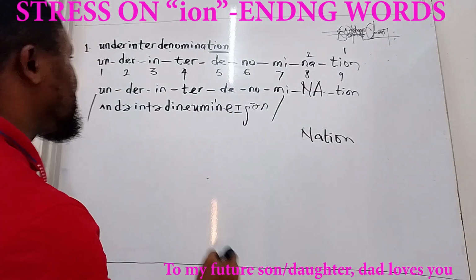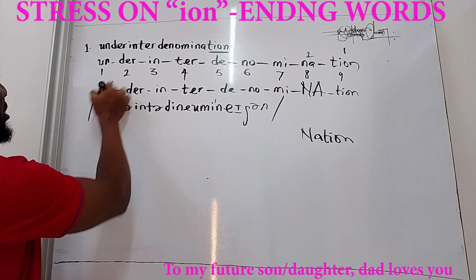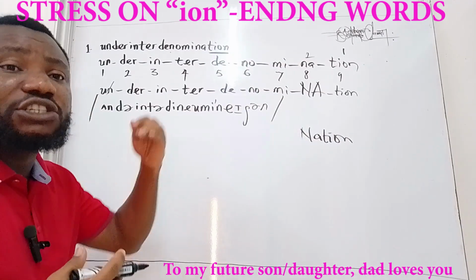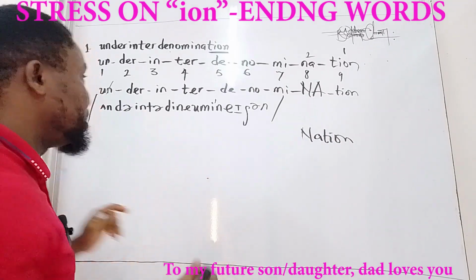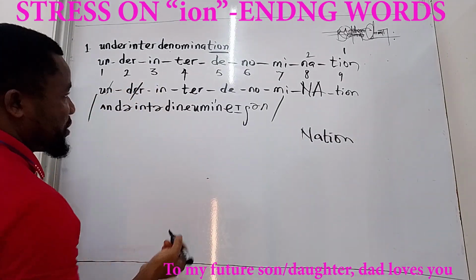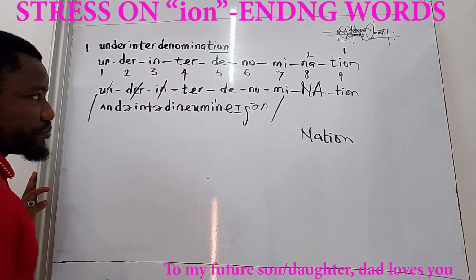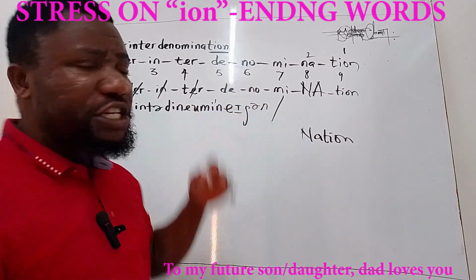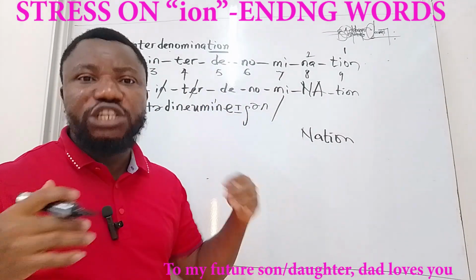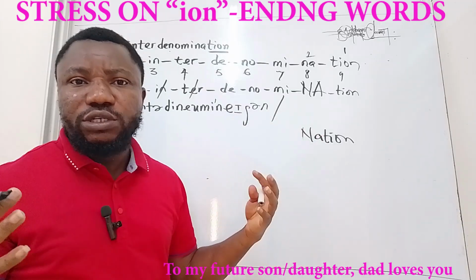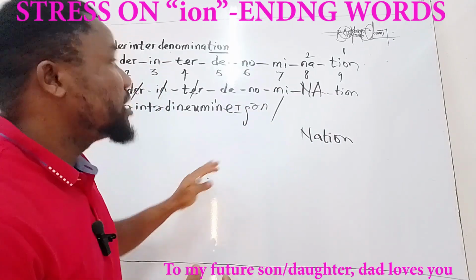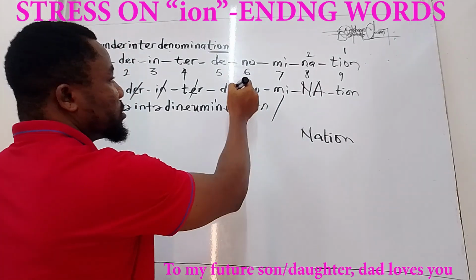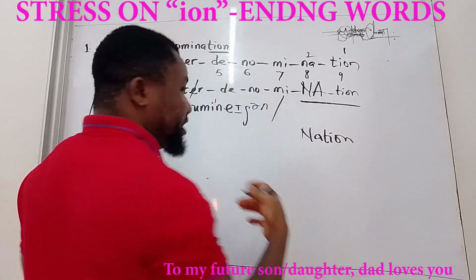So you have to cancel out the prefixes, because prefixes don't matter in the determination of stress placement. Under is a prefix, in is a prefix, ter is a prefix. Now, denomination is another root word on its own, but let's say nation is the root word we want to talk about.